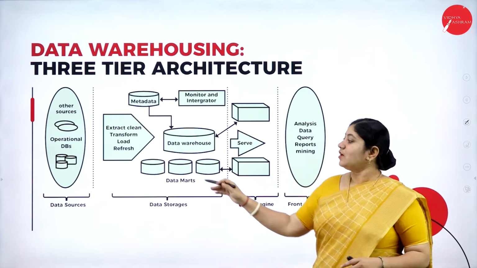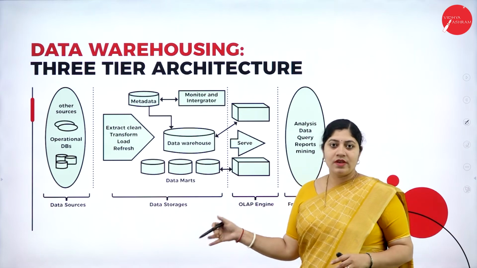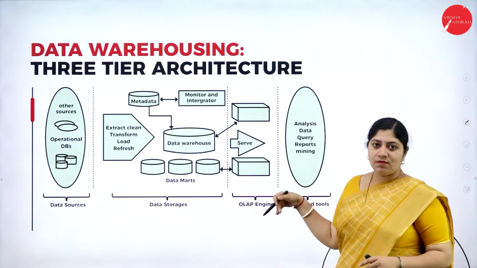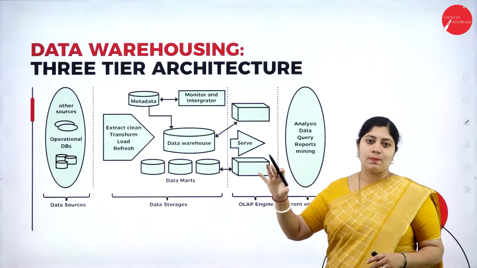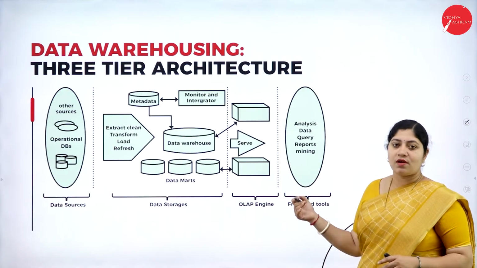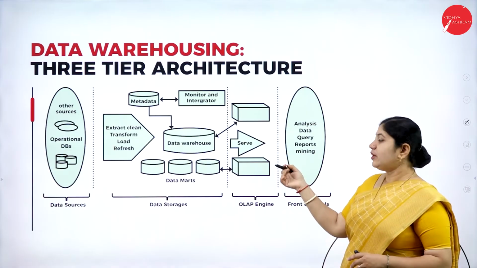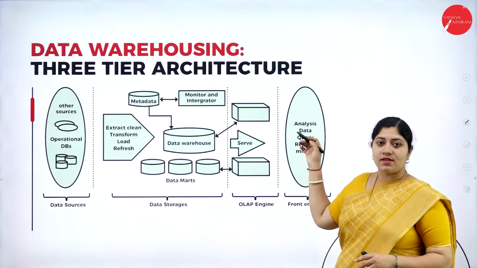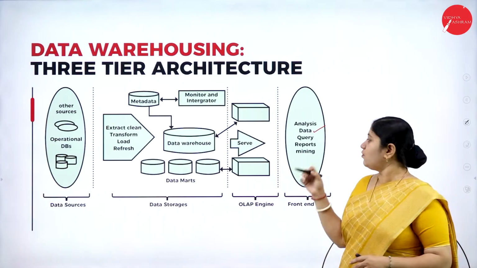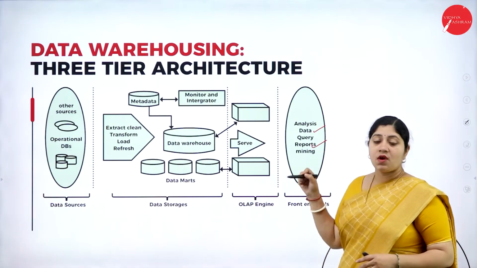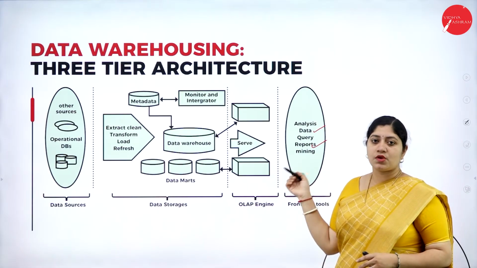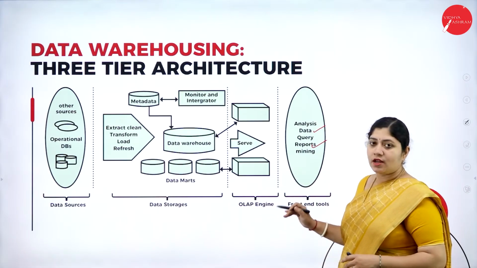Then further, after these two, we have the main crucial thing, that is the top tier, which is also called front-end application design. And under this, various tools that can be designed are based on analysis, that is data analysis, or data query systems followed by reporting or data dashboards that have to be designed. Yes, all these things are possible by using this architecture.